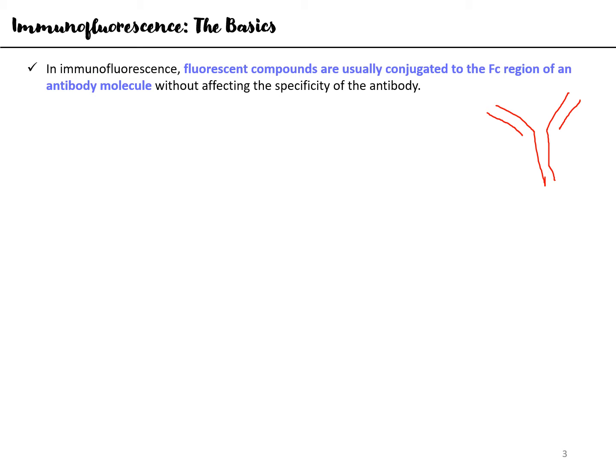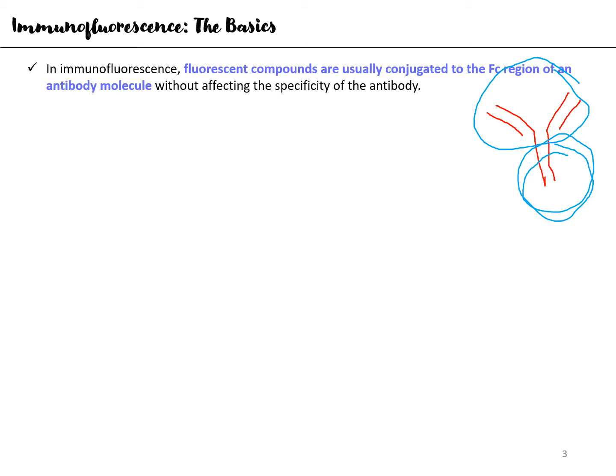Within this Y shape, this particular part is referred to as the Fab part, and this lower part is called the Fc portion. Why is it C? C stands for, well, part of crystallization, but the Fc portion is essentially constant within different antibodies derived from the same species that are of the same isotype. So C can also be considered synonymous with constant.